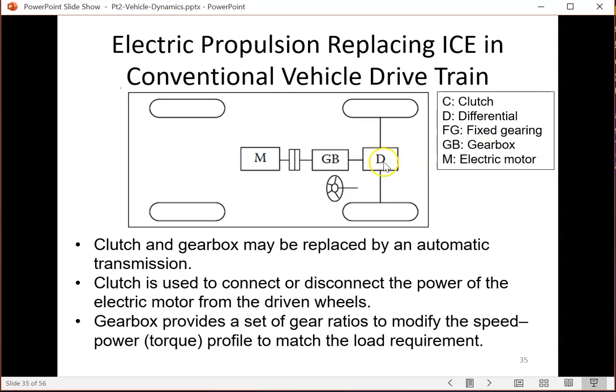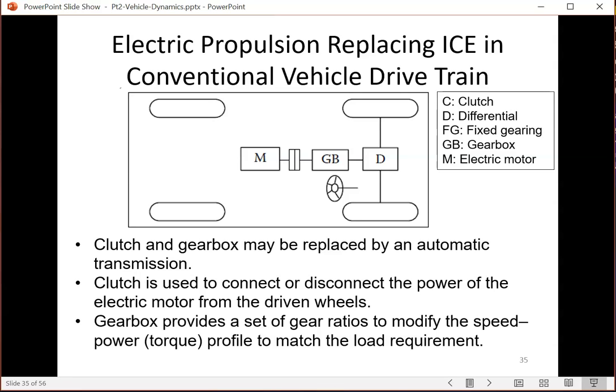That's another mechanical device that does that. So the earliest application of electrical motors in vehicles is to replace the internal combustion engine with the electrical motor, but keep everything else in place.